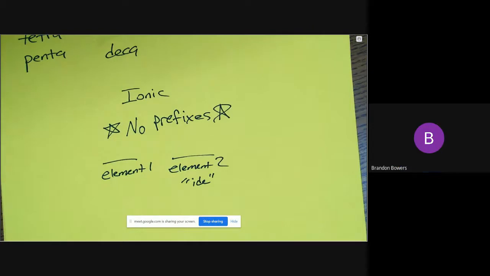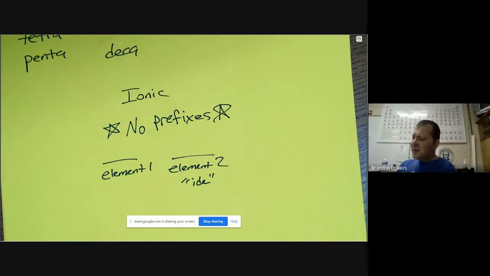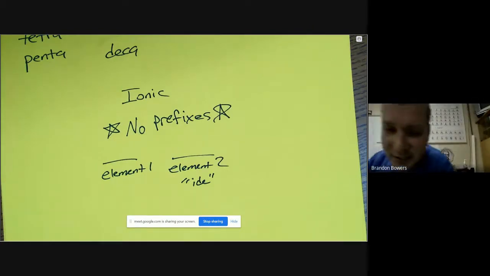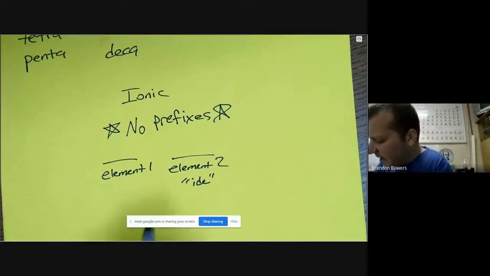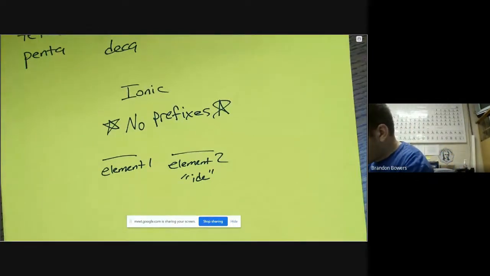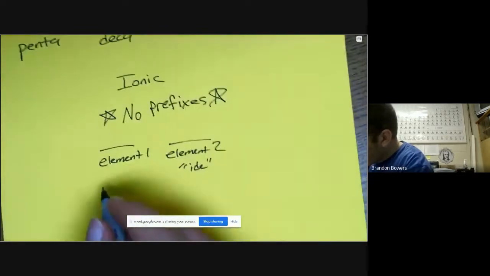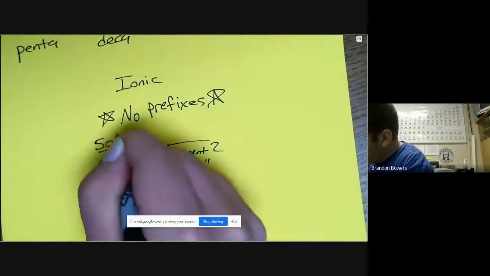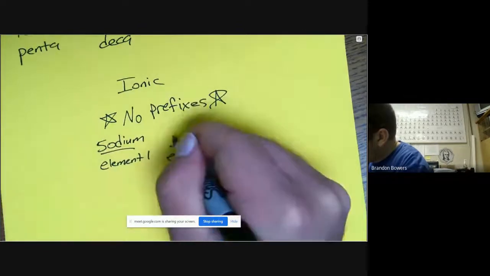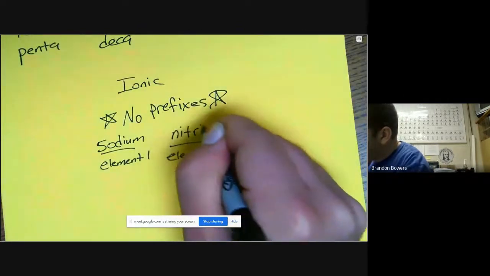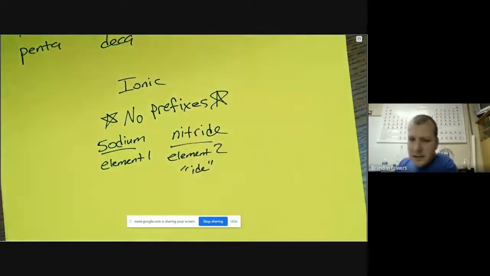However, the one thing that we did discuss with ionic is the crisscross method. Okay? And the crisscross method is, let's say I have sodium nitride. Sodium nitride, and I've got to write the symbols down for sodium nitride.